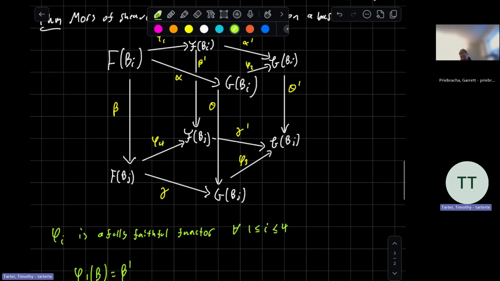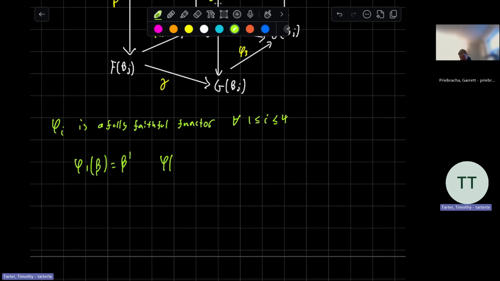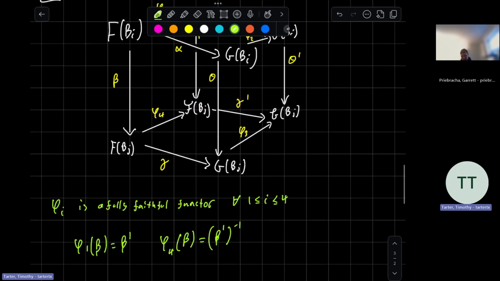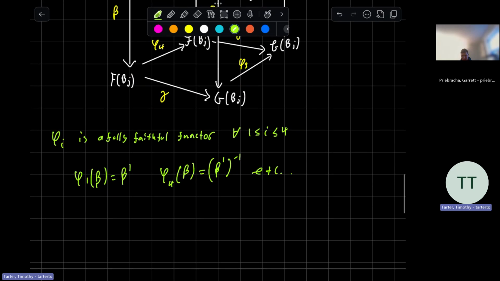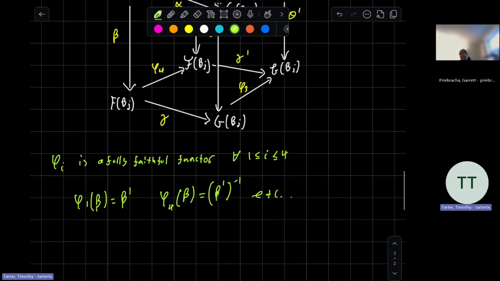But then phi 4 of beta is equal to beta prime inverse, and so on. And so if we were to do this for everything, it would work.